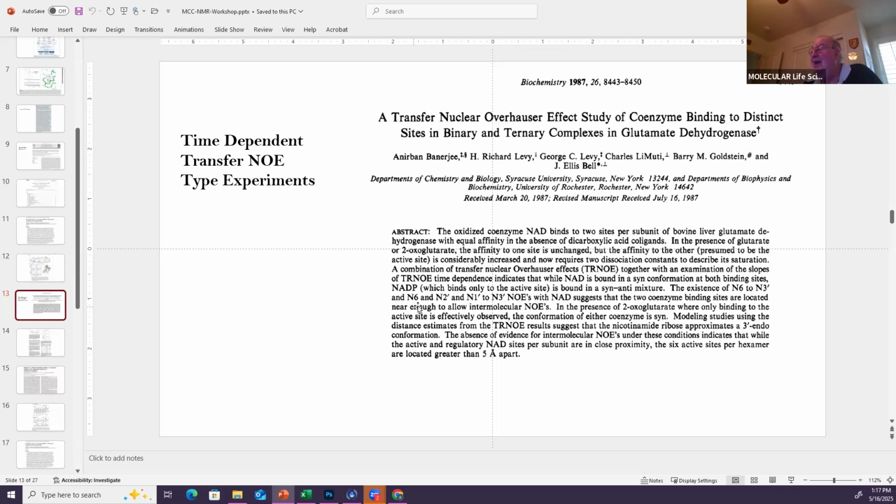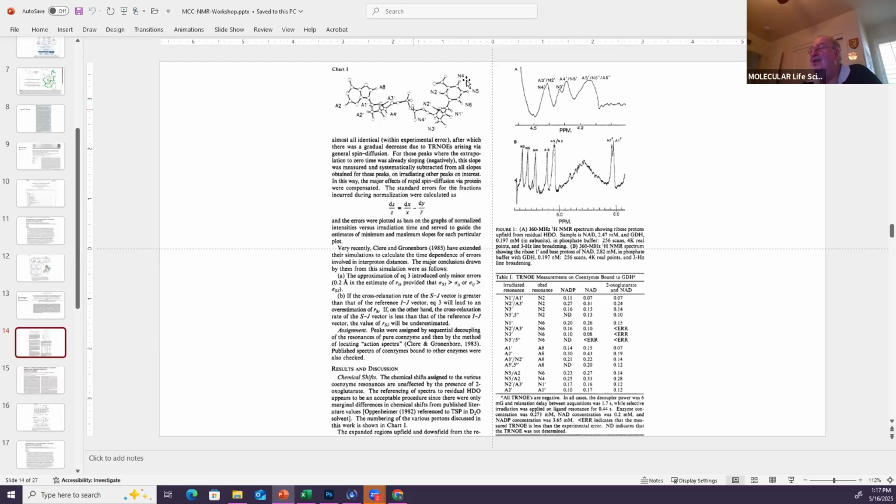And this lets you map orientation of molecules and closeness of molecules and things like that. You can look at the orientation of a ligand bound or the proximity of a ligand to another ligand. And again, you typically get nice signals.